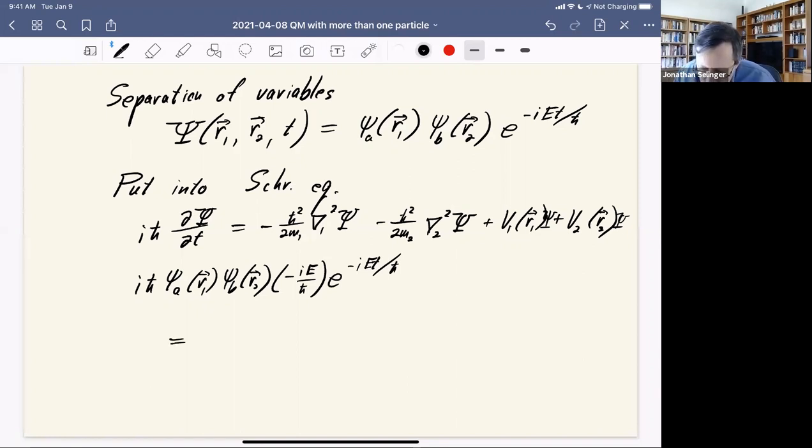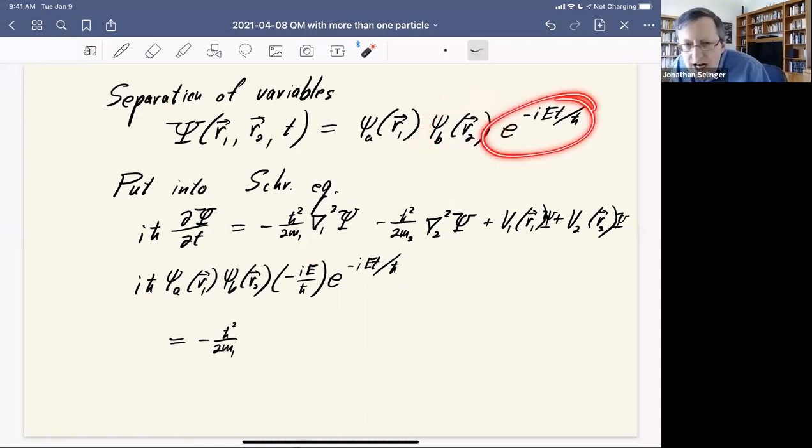Okay. In the first term, we have minus h bar squared over 2m1. All right, now we have this Laplacian with respect to the coordinates of particle 1, right? So now when that acts on this product, it only cares about the coordinates of particle 1, which are here. It doesn't care about the coordinates of particle 2.